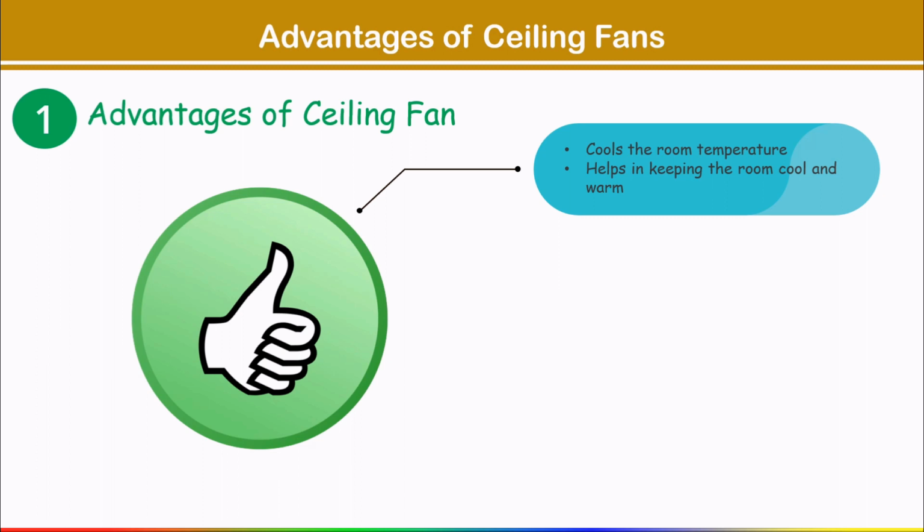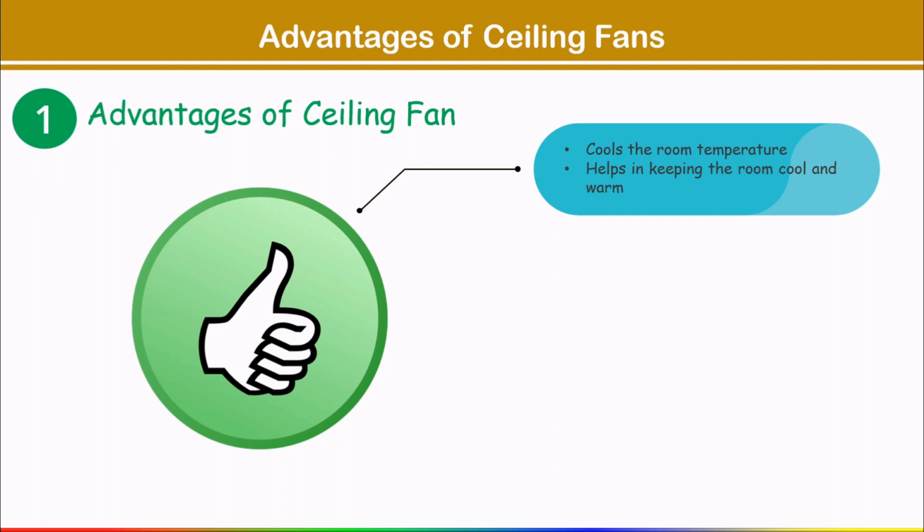The second advantage is that it helps in keeping the room cool and warm. One of the main reasons people prefer ceiling fans is that they push the air down from the ceiling. During this process a breeze is created, and that helps in keeping the skin cool.